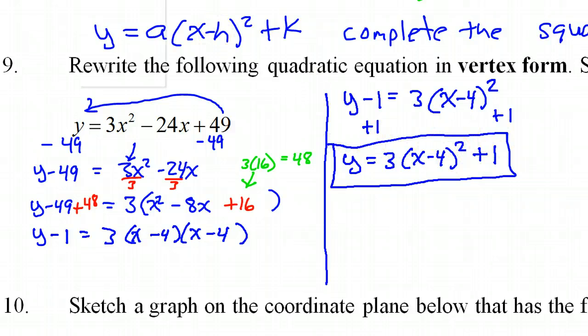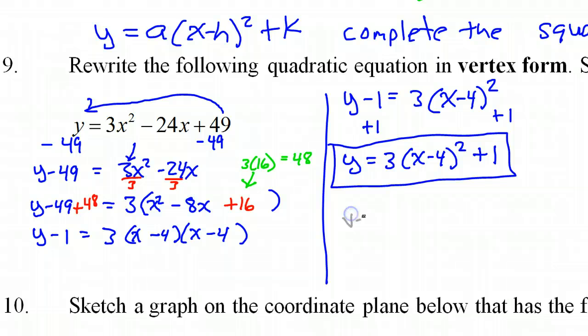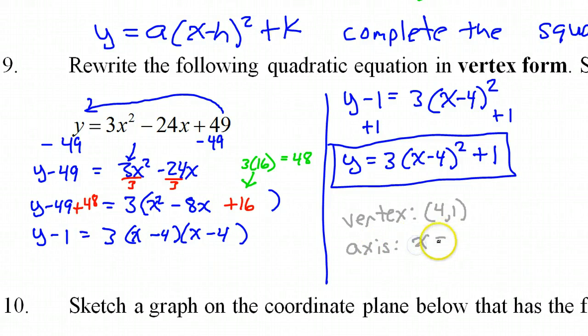If I had asked you for the vertex, you should have been ready to tell me that the vertex, and I'm putting it in gray like this because you weren't asked for it, but the vertex is the opposite of this, comma that. So the vertex would have been 4, comma 1, and you even should have been able to tell me the axis of symmetry, which would be x equals 4, always the same as that.